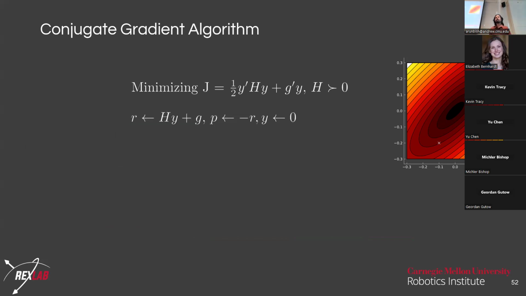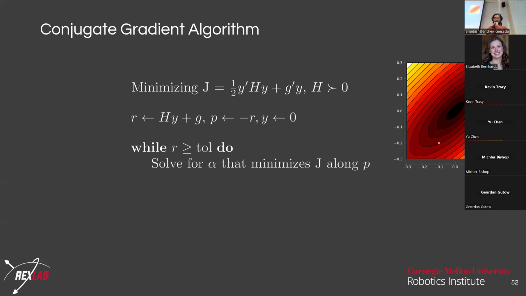The way it works is it keeps track of 3 terms. There's this residual term, which is the gradient you're trying to drive to 0. There's a search direction, which is the negative of that gradient. And then there's your current solution, y. And conjugate gradient does a loop because it's an iterative method. In that loop, it solves a 1D minimization along the search direction, which you can express as a matrix-vector and dot product.